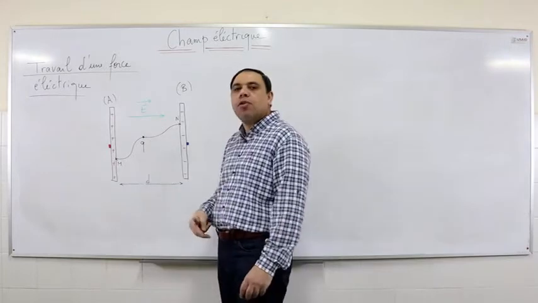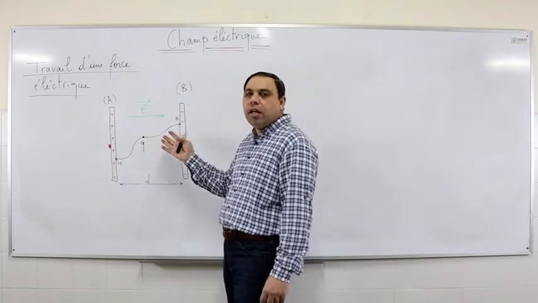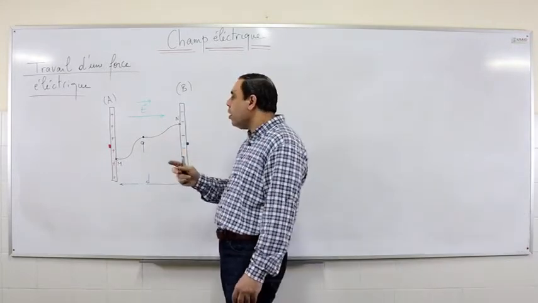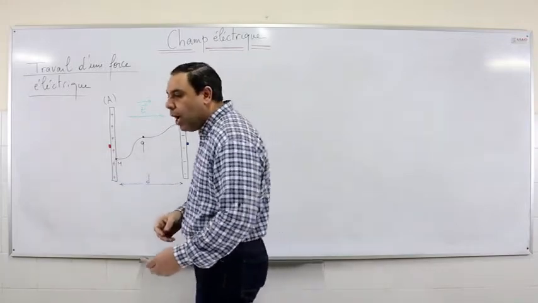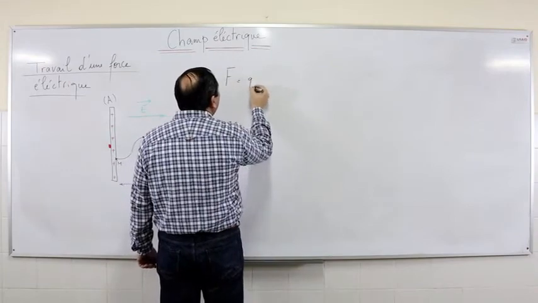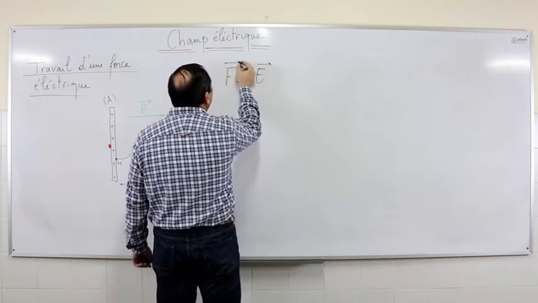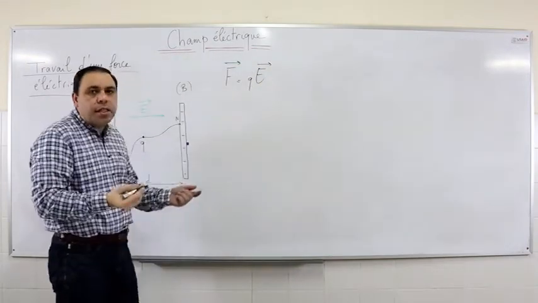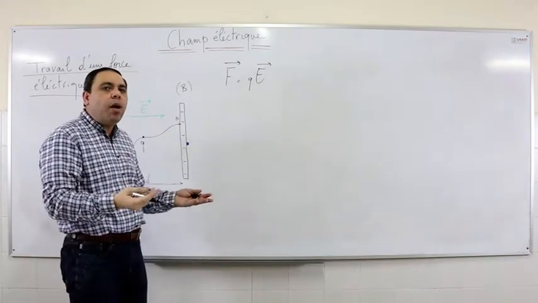When the charge is placed between these plates, it will be subjected to an electric force F, which is equal to Q times E. Let's assume that Q is positive.